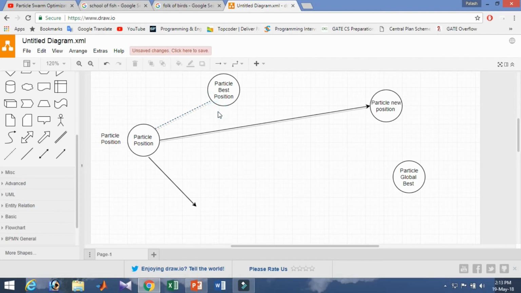I will make a different line here. I will come to the sections later. Okay, so it is a velocity component. Suppose the particle velocity component, it is a velocity component.